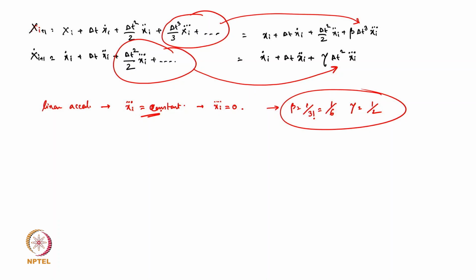Now in case of constant acceleration, what is happening? You may say that your jerk is 0, but what is your acceleration in that case? Constant, but it is not the same. Let me explain what I mean.